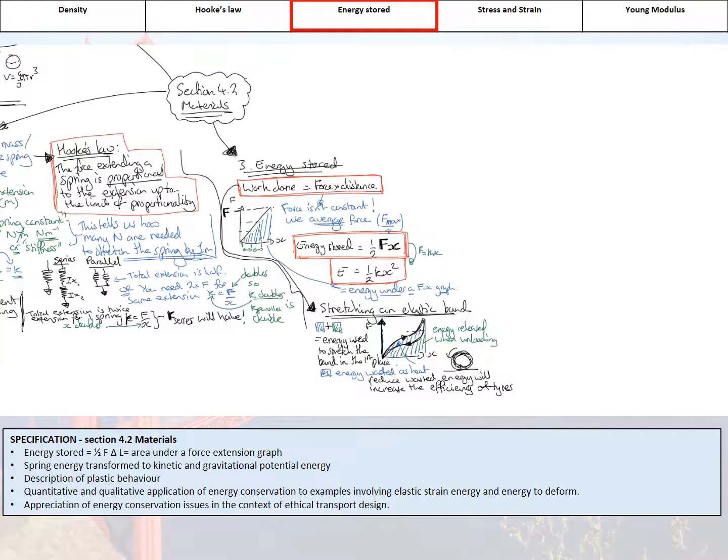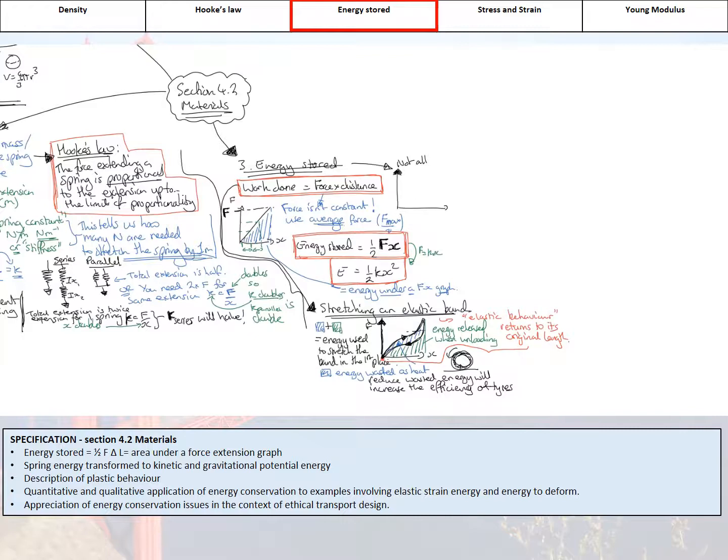Now, not all objects return to their original length, like the elastic band does. So this exhibits what we call elastic behaviour, which means it returns to its original length. Now, not all objects do that.